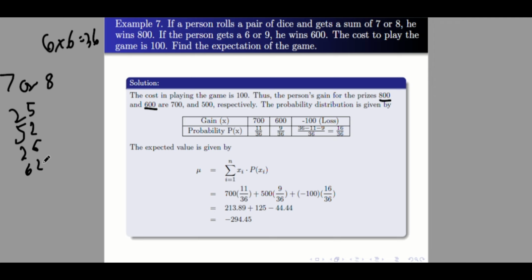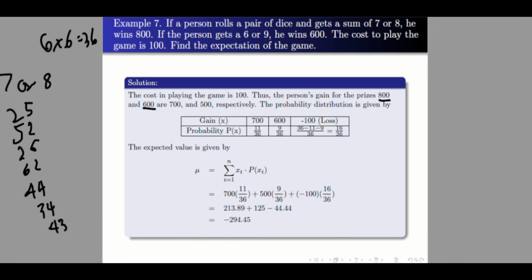What else? We can have 4, 4, which is 8. What else? We can have 3, 4 and 4, 3, which is 7. We also have 5, 3 and 3, 5.